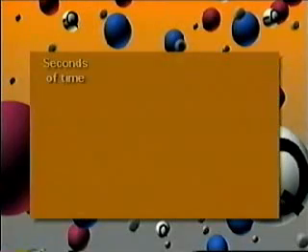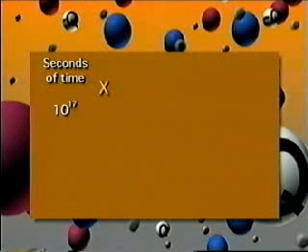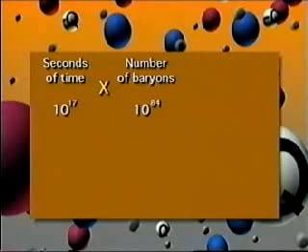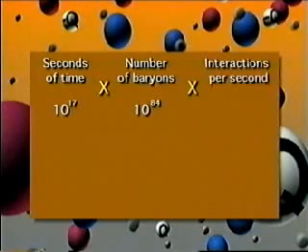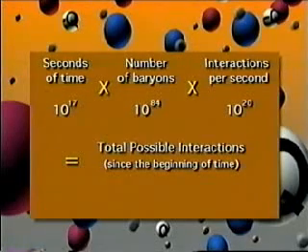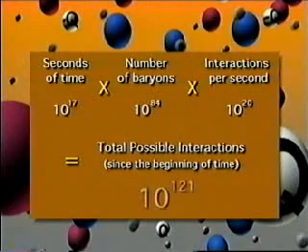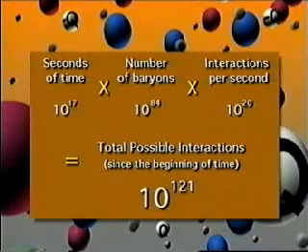If you take the total amount of time, we talked about that, 10 to the 17th, times the total amount of particles in the universe, maximum, 10 to the 84th, times the maximum number of events per second, 10 to the 20th power, that equals a total possible number of interactions in the universe since the beginning of time of 10 to the 121st power.